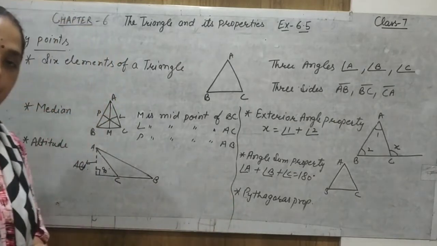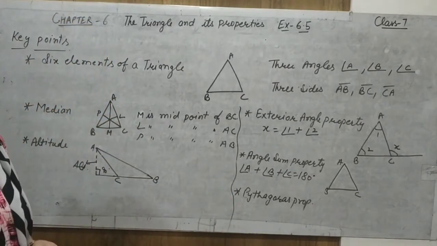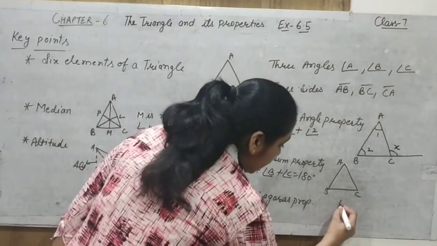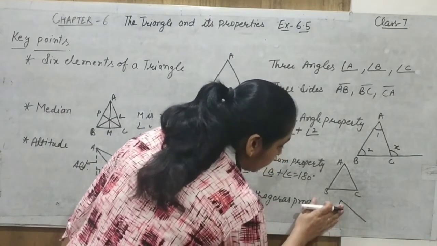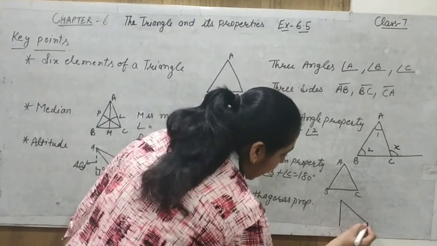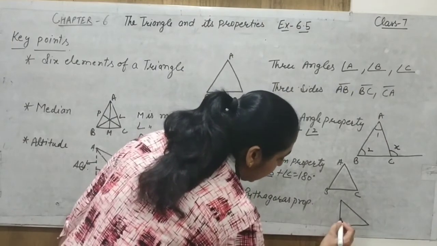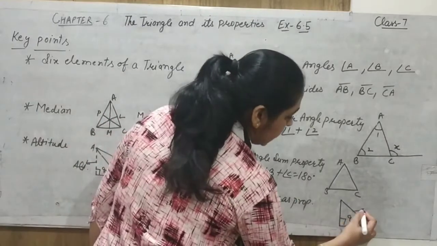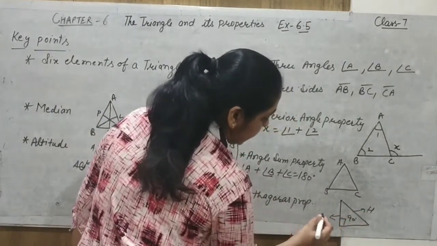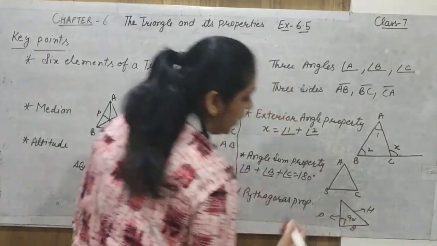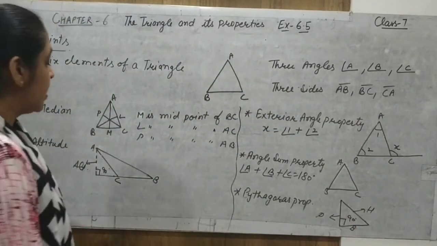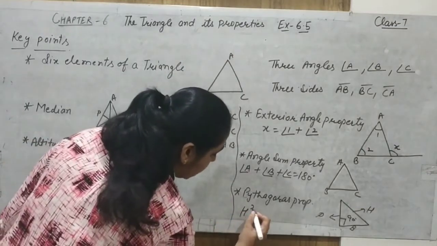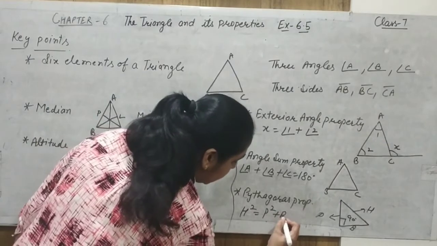Now the Pythagoras property, as we have already done, is used for the right angle triangle. So in a right angle triangle, one angle is always 90 degrees. This side acts as the hypotenuse, this side acts as the perpendicular, and this is the base. So by using the Pythagoras property, H square is equal to P square plus B square.